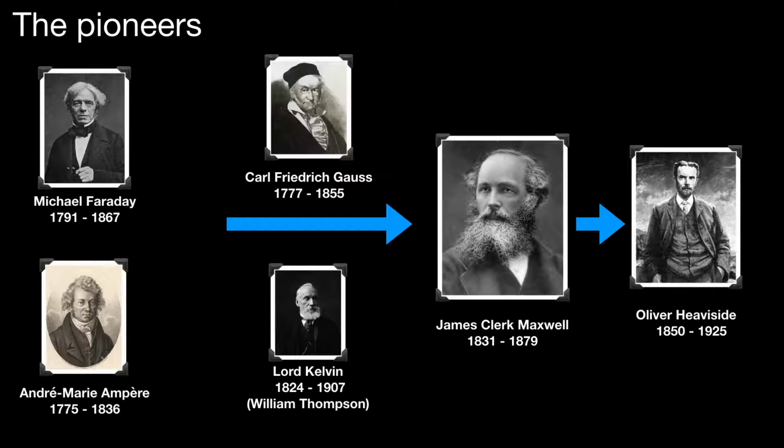So let's have a little look at the history. Now, you don't need to know this for the exam, but to give some background, if we look at the four on the left, Faraday, Gauss, Ampere and Kelvin, these are the guys that developed independent theories around electricity and magnetism. And it was Maxwell that pulled these together and came up with what we now know as Maxwell's equations.